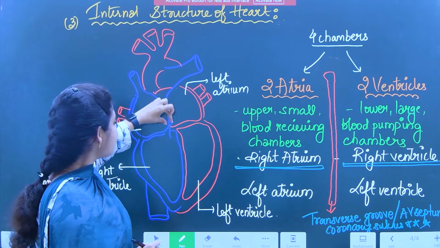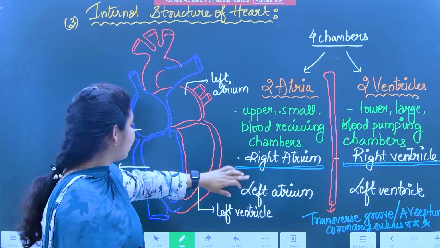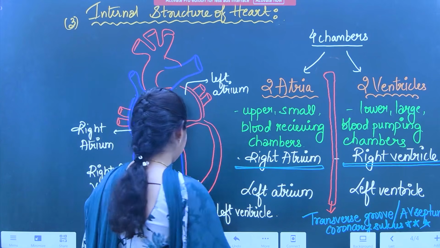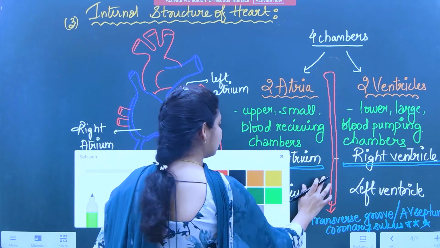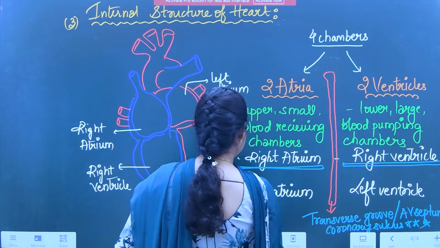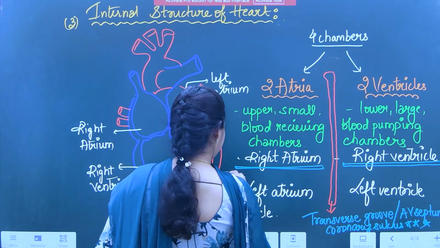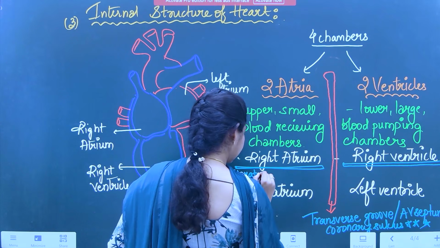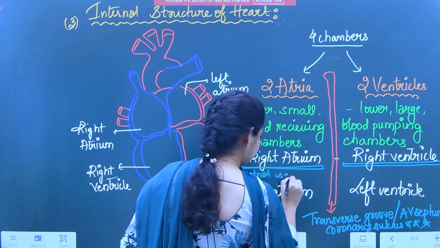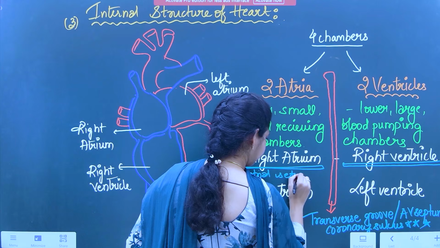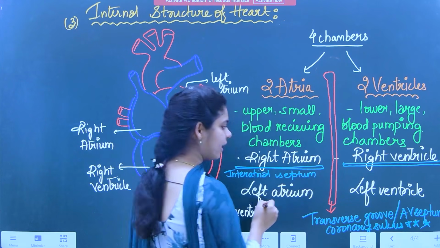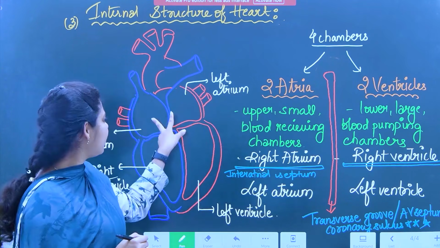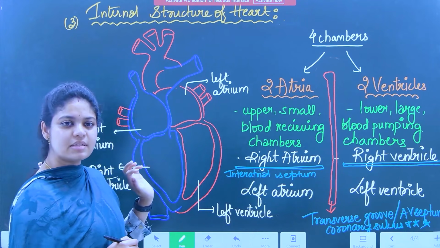Understood? Now this one, which is separating right atrium from left atrium, is called interatrial septum.